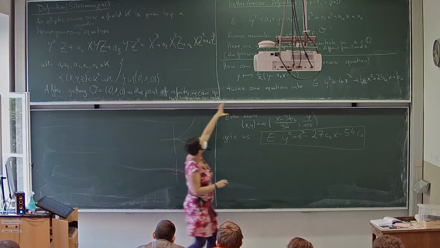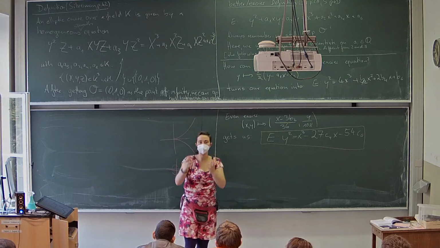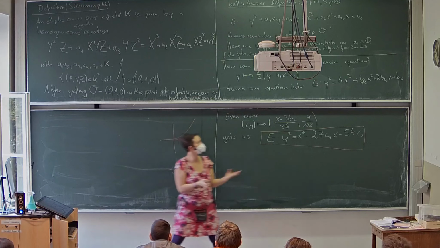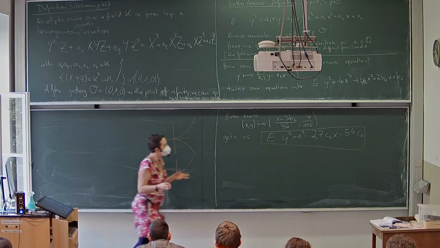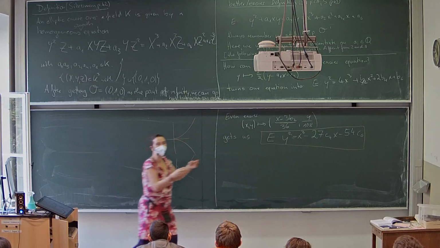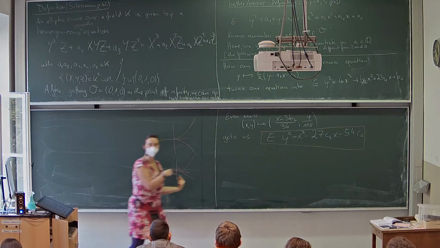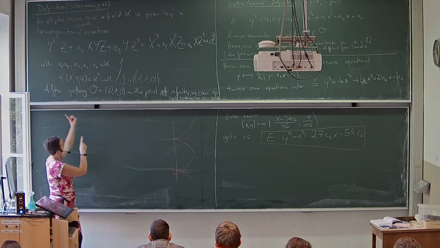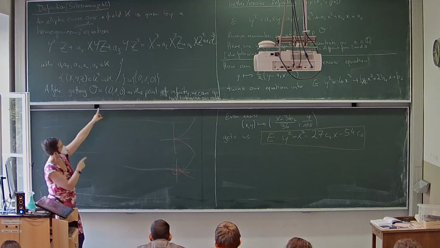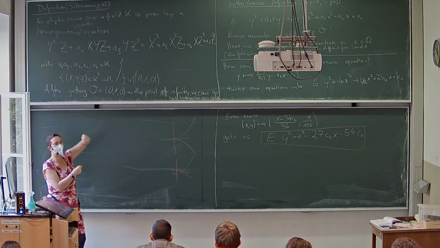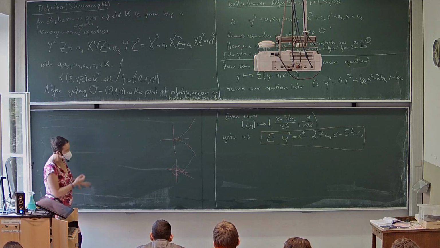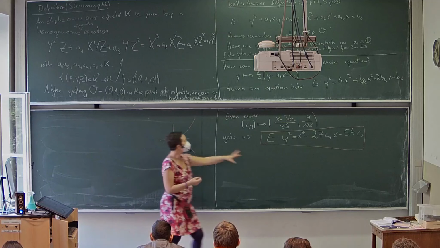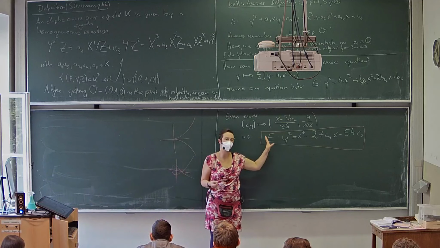That's what I meant by we have to remember that we still have it, but it doesn't show in our equation. Because we can only kind of get it back if we homogenize the equation again, and then plug in 0, 1, 0, and then it will be there again, or maybe with some other coordinates. But here we cannot see the point at infinity anymore.